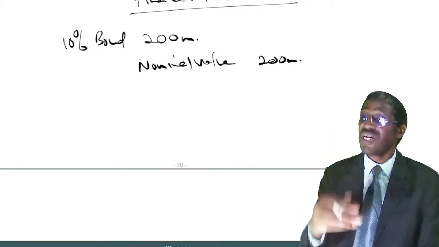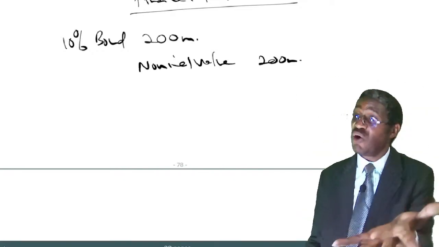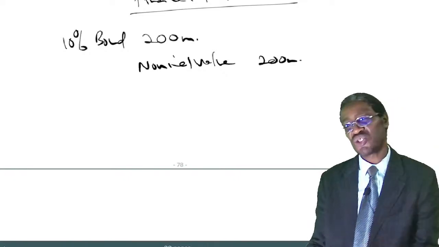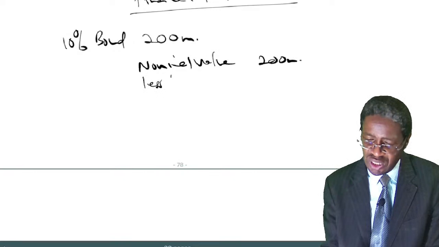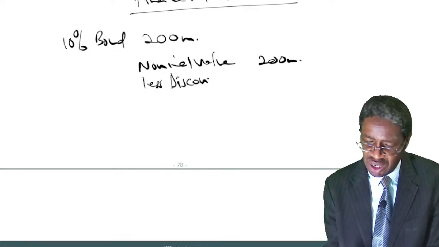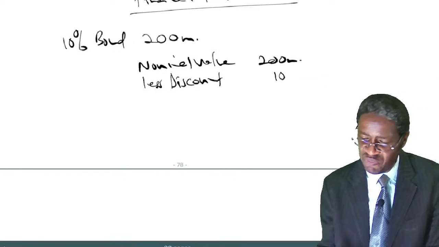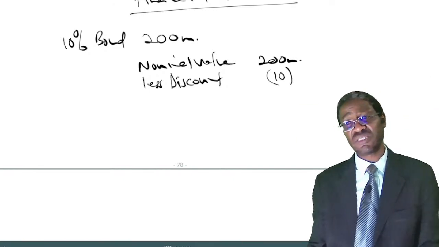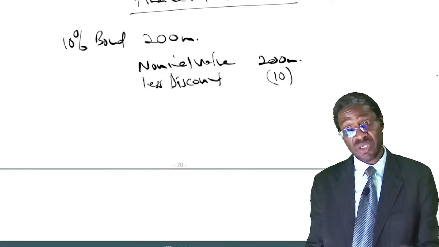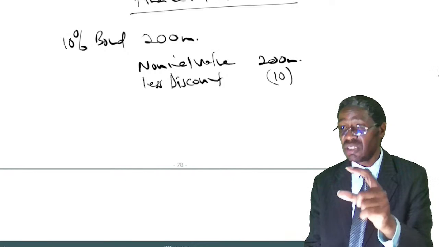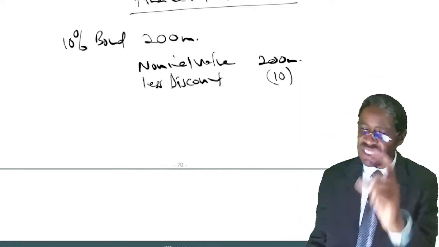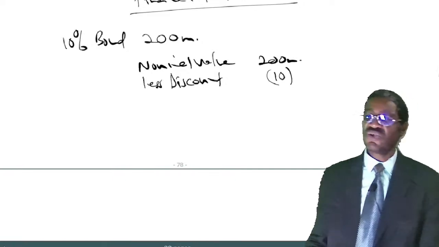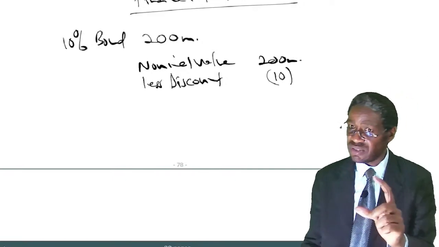So you give me 190, but when it comes to the year of redemption, I'll give you 200.